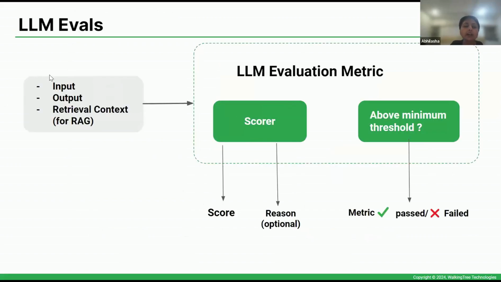So with that, when we talk about LLM evals, an eval is more like a unit of evaluation which you would perform with a given input and an output, and with context wherever applicable. When you're adding RAG to your LLM application, you're bringing in context, and that brings in another layer of evaluation.